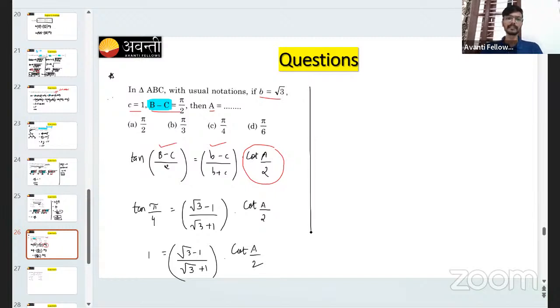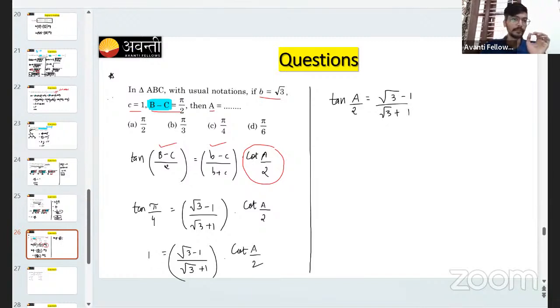Tan 45 is 1, so I can write 1 is equal to root 3 minus 1 upon root 3 plus 1 into cot A by 2. We like tan more than cot, so I'll take cot to the other side. So I'll get tan A by 2 is equal to root 3 minus 1 upon root 3 plus 1.